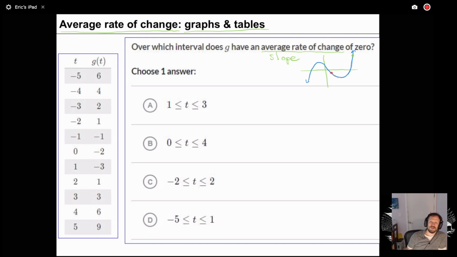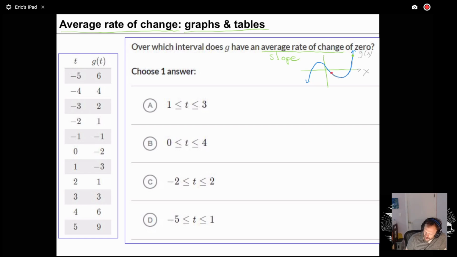The change as your x coordinate changes, g is going up faster and faster. So how do you average that out? Average out that behavior, going down, going flat, going up a little bit, going up steep.